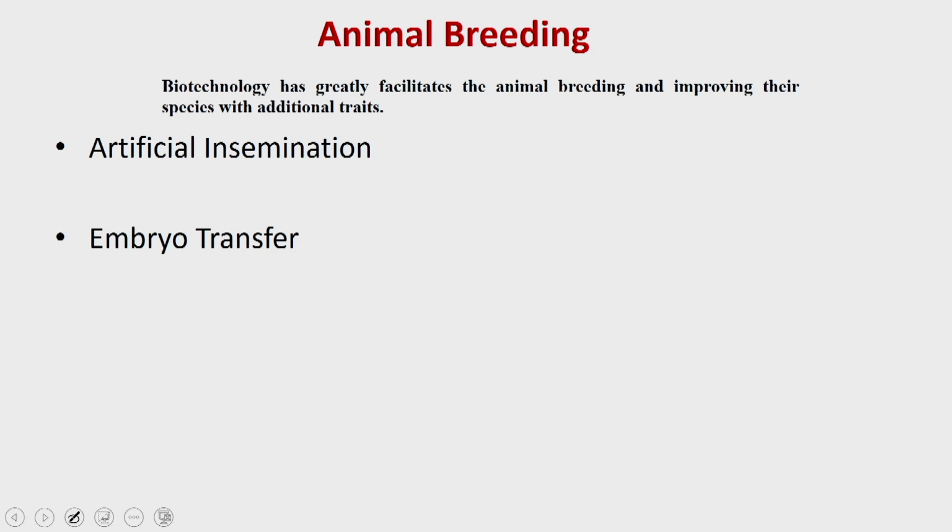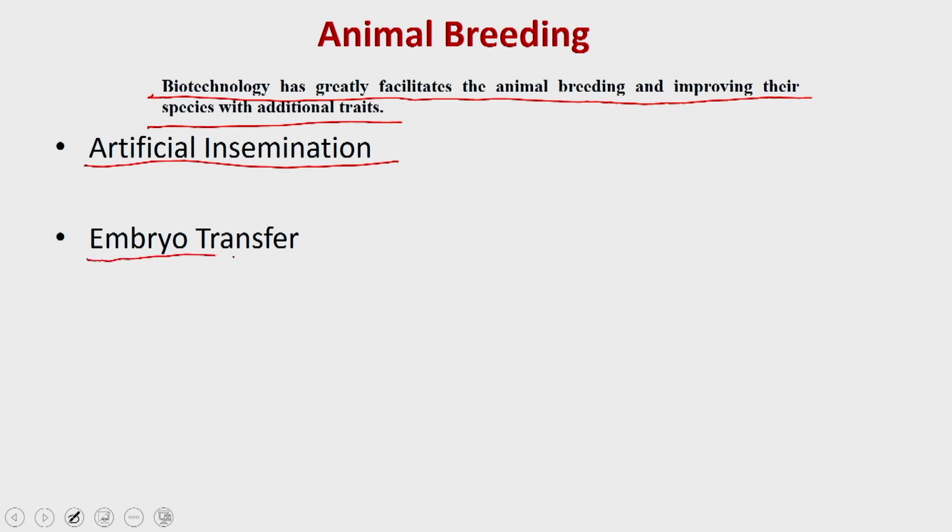Biotechnology has greatly facilitated animal breeding and improving species with additional traits by discovering as well as validating two processes. One is called artificial insemination, the other is called embryo transfer, and both of these processes have their own significance and importance in the whole process of animal breeding as well as improving a particular species with desirable traits.